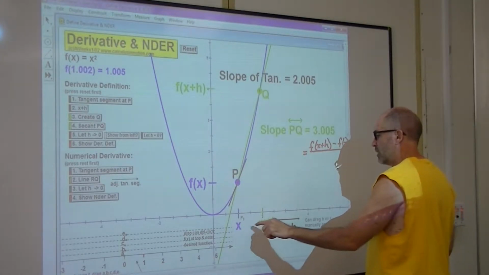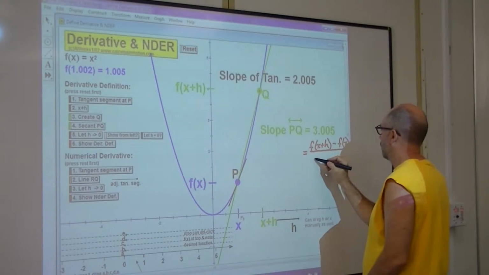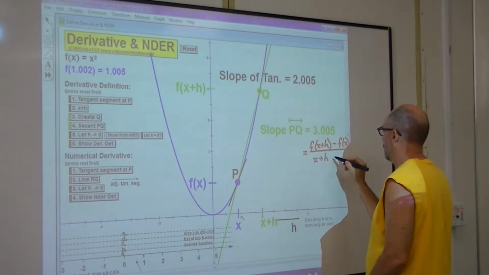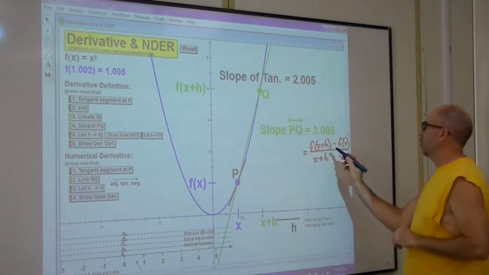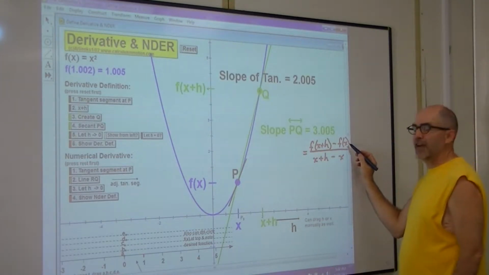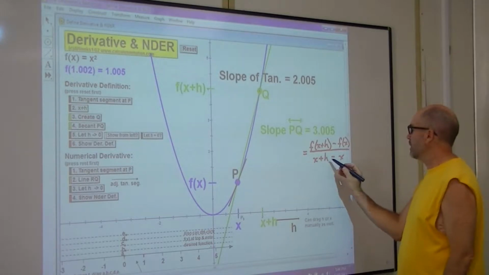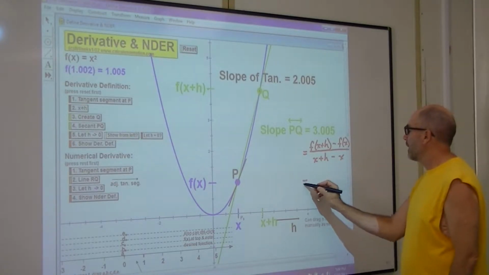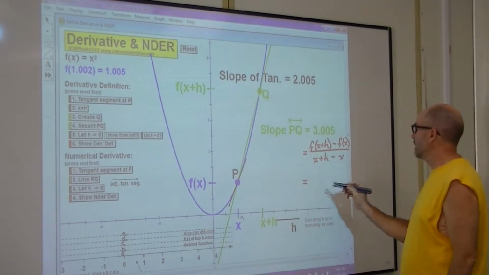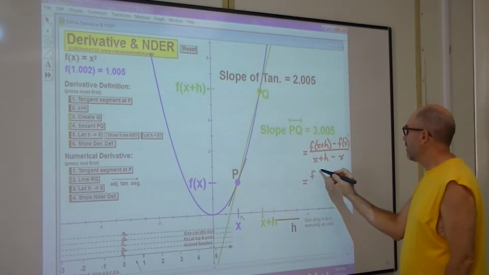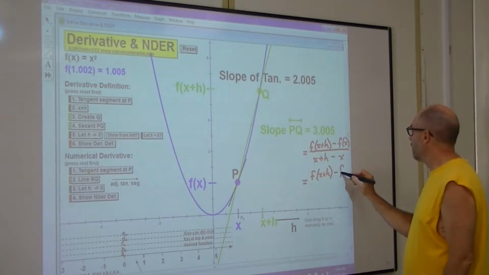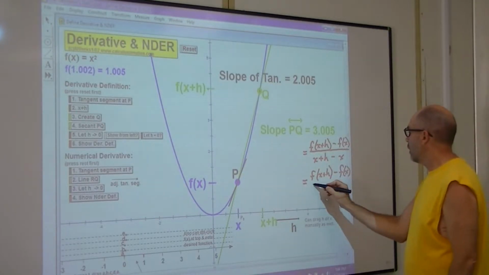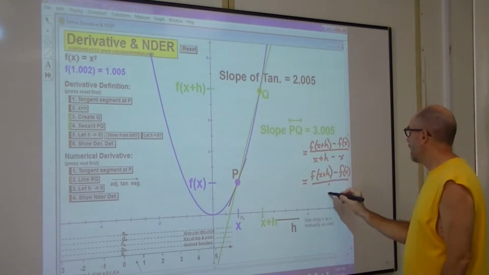X plus h minus x. So that's my slope of PQ, f of x plus h minus f of x, all over x plus h minus x. Well, x plus h minus x is just going to be h. So this is going to equal f of x plus h minus f of x, all divided by h.